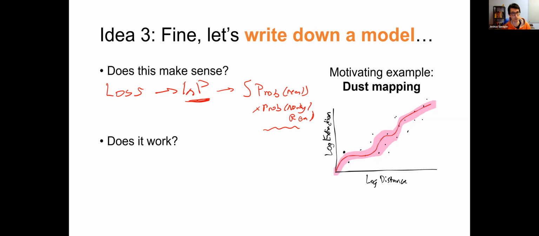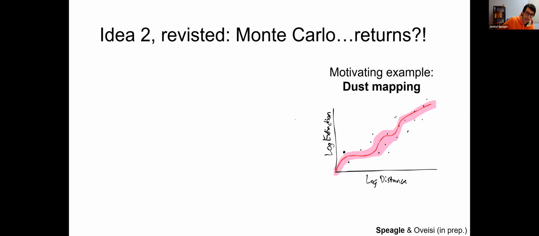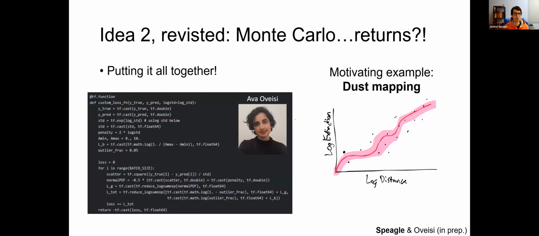And this process does work. And the way that you can use this is the same Monte Carlo procedure as before, just implemented a little bit differently. In particular, here's an example of what such a loss function might look like in TensorFlow.